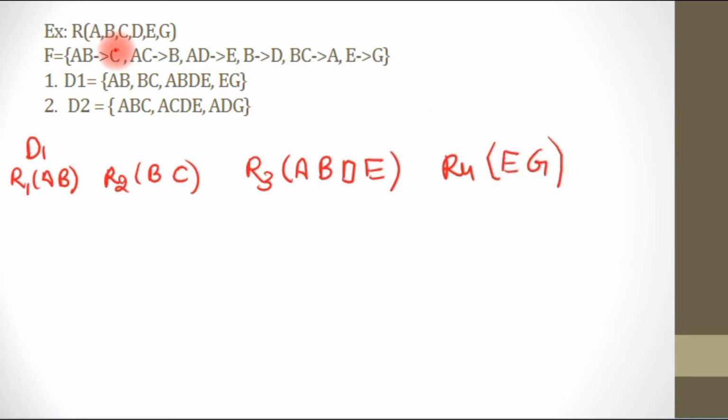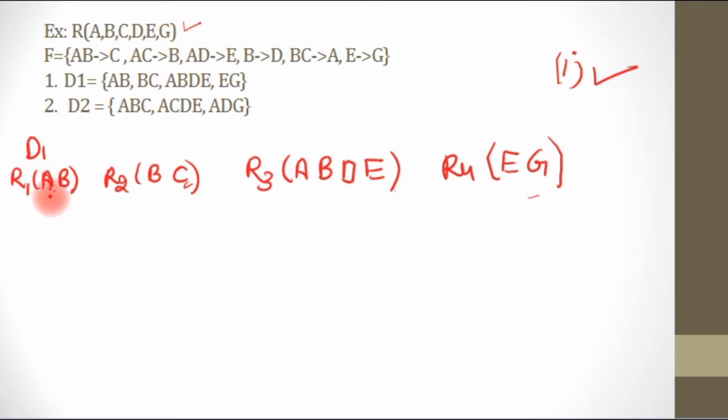So here we have six attributes. First, all these subrelations must cover the attributes of the original relation: A, B, C, D, E, G. So yes, the first condition is true. All the subrelations cover all the attributes of the original relation.